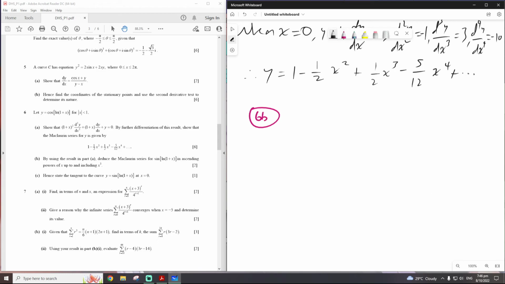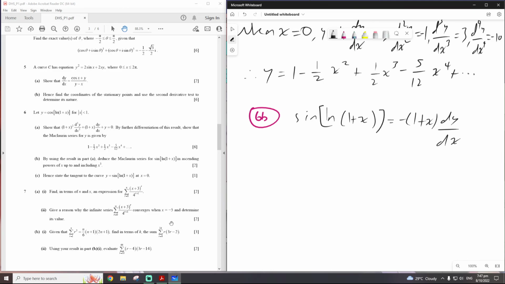If you recall correctly, we shall recall that sine ln(1 plus x) was equal to negative (1 plus x) dy/dx.